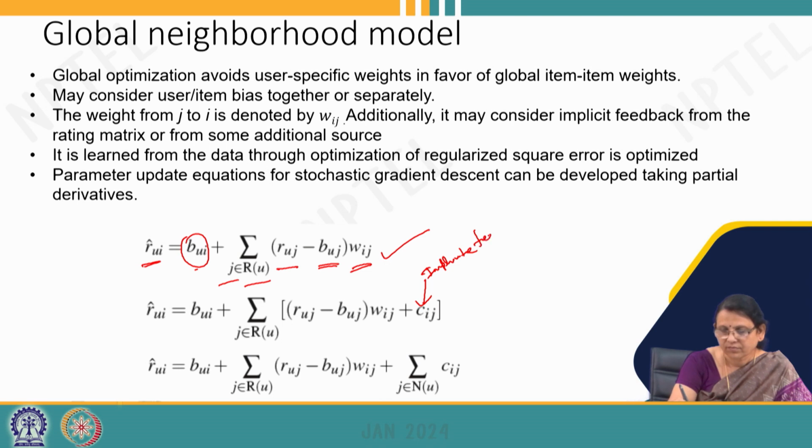So, along with this we can add something which can represent some kind of implicit feedback. And this implicit feedback, if it comes from the rating matrix, it can be part of this, and if it comes from some other source where this is no longer the rating matrix, but for this the user's feedback is available, then this is implicit feedback from rating matrix.